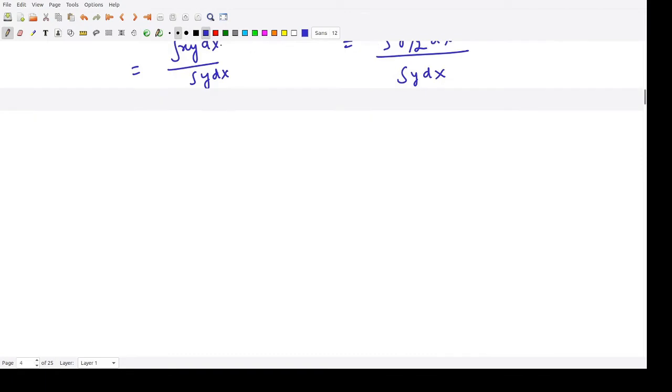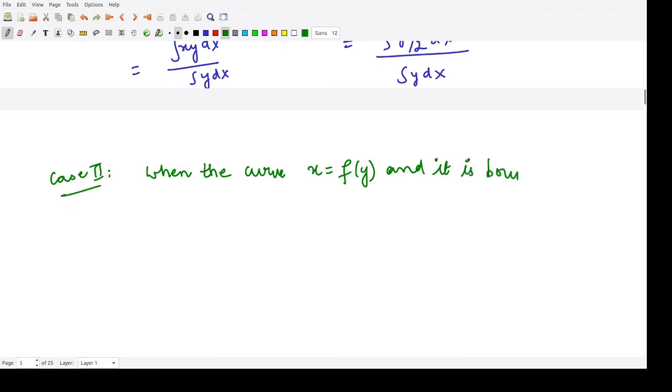In the second case, case 2, when the curve is given to be x is equal to f of y, and it is bounded by the y-axis and the coordinates y is equal to a and y is equal to b.